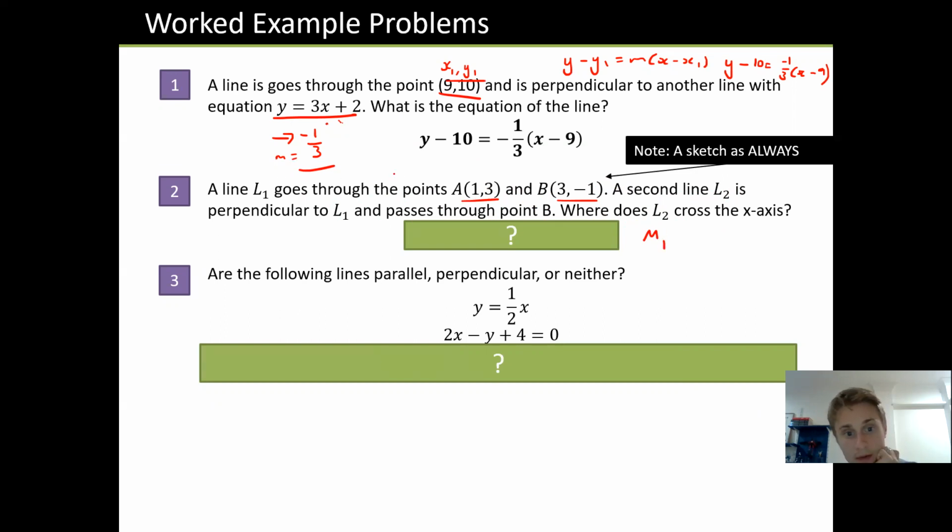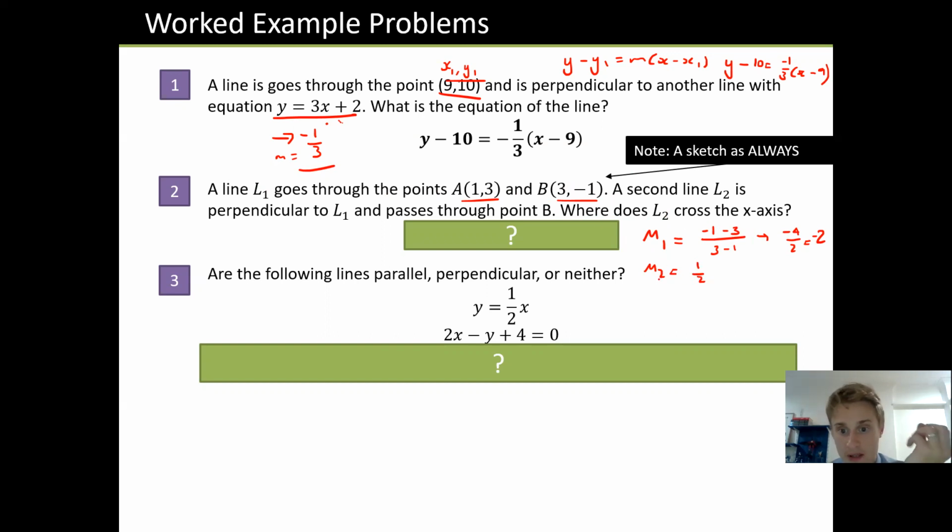I'm going to call it M1. The gradient is going to be right minus left, minus 1 minus 3, right minus left, 3 minus 1. So I get minus 4 over 2, which is minus 2. So that's the gradient of this line. The other one is perpendicular. So its gradient must be a half.